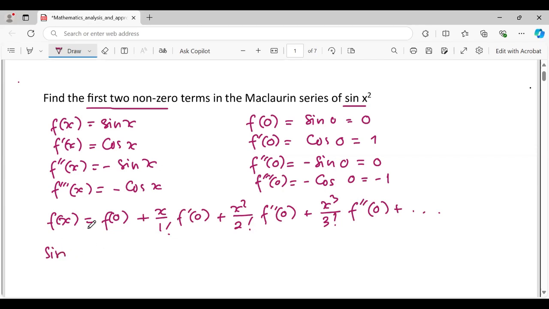So it means sine x, because f(x) equals sine x, will be f(0), which is 0, plus 1 times x over 1 factorial, which is x. The x squared term is 0 because the second derivative equals 0, plus the third derivative, which equals minus 1, so it will be minus 1 times x cubed over 3 factorial, and so on.